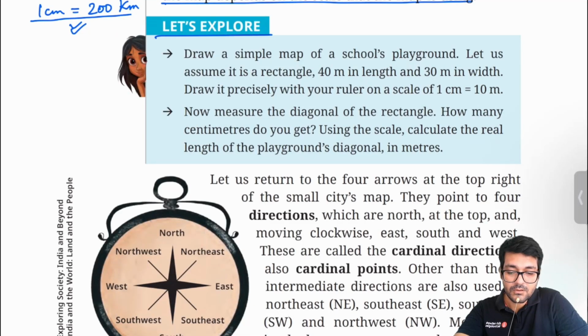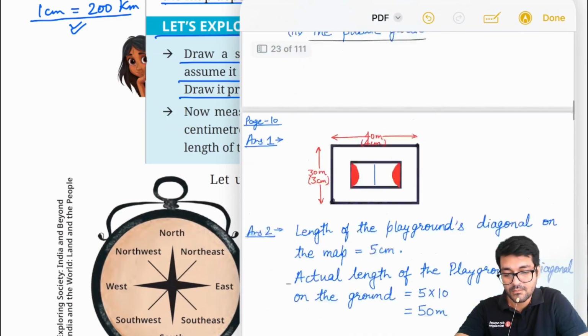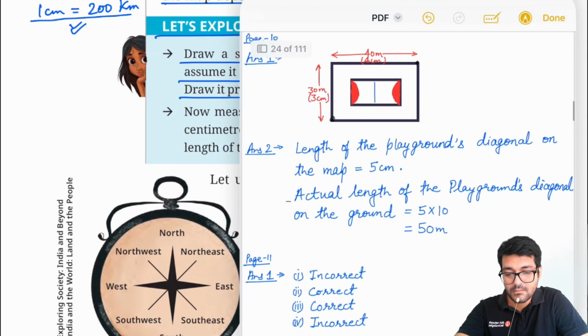Let's explore. Draw a simple map of a school's playground. Let us assume it is a rectangle, 40 meter in length and 30 meter in width. Draw it precisely with your ruler on a scale of 1 centimeter is equal to 10 meters. You can draw like this.